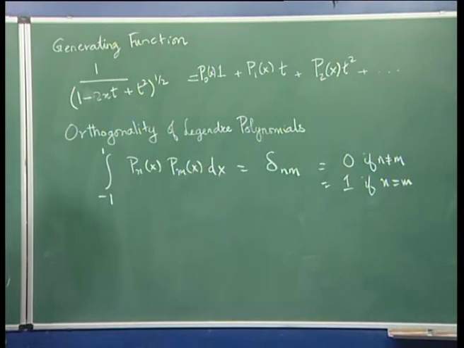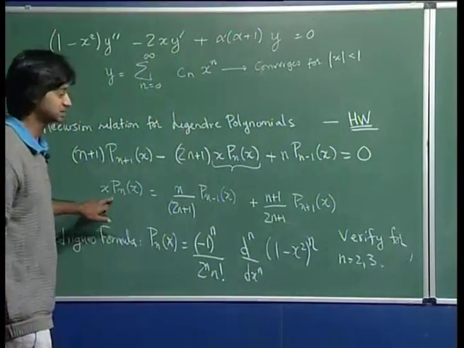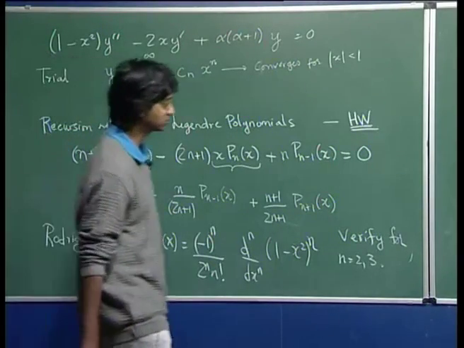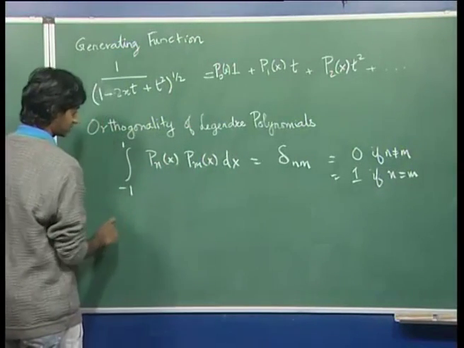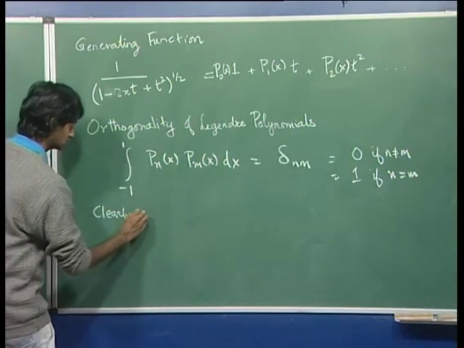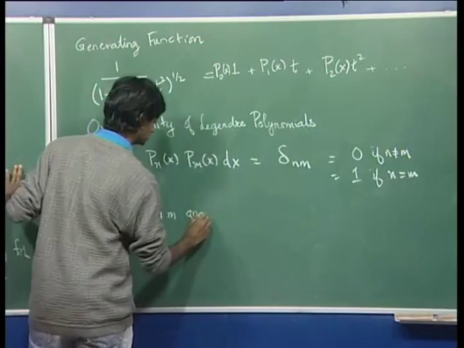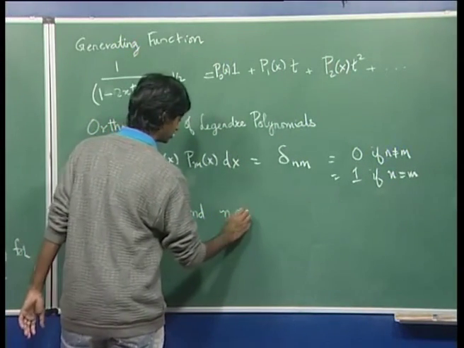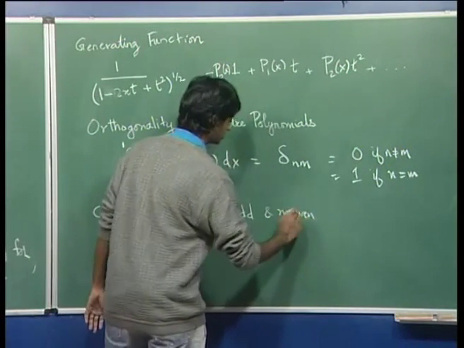In order to show this, you can use this relation, or you can consider the case where, clearly, n is not equal to m and n is odd and m even, or vice versa.